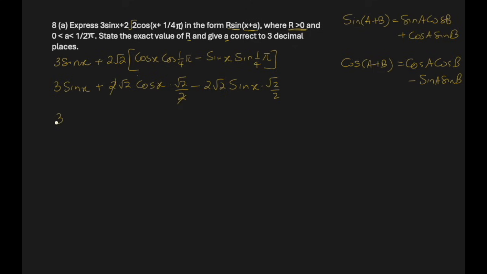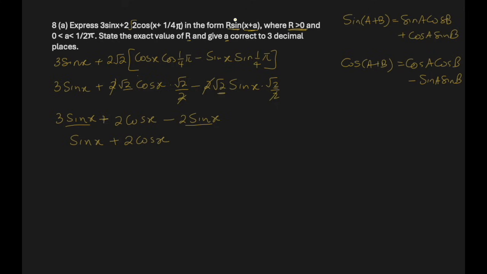So we get here 3 sin x plus square root 2 times square root 2, which is 2, cos x, minus this 2 and this 2 again cancel, square root 2 times square root 2 is again 2. And that's it. Now we can see this and this are exactly the same, so it becomes just sin x. 3 minus 2 is 1, so sin x plus 2 cos x.